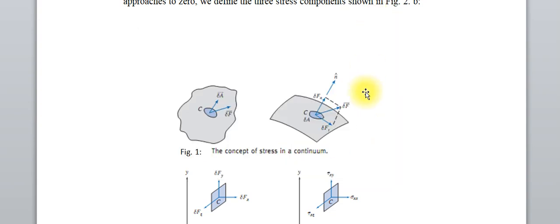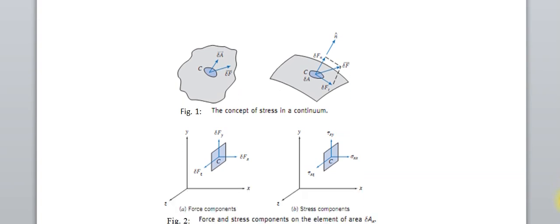This is what we have shown in the text, so it is supported by this pictorial representation. Now again you can see this is in the orthogonal coordinates.